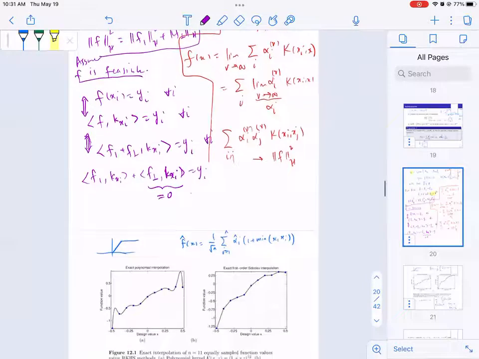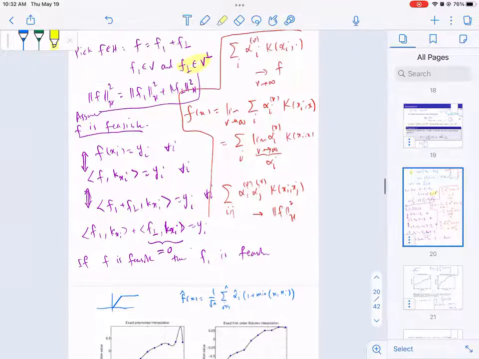So what we showed is that if f is feasible, then f1 is feasible. Basically the orthogonal component doesn't affect the feasibility. If I have f1, then I can add any orthogonal complement to it and I don't change the feasibility. But I also know that the Hilbert norm is like this, so it doesn't make sense to add any component in the orthogonal complement because I would increase the norm, right?